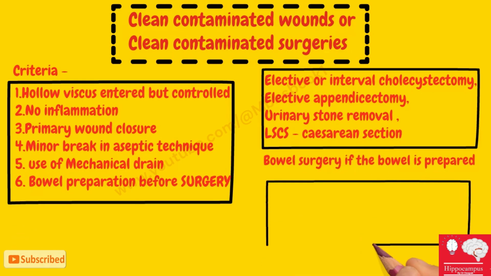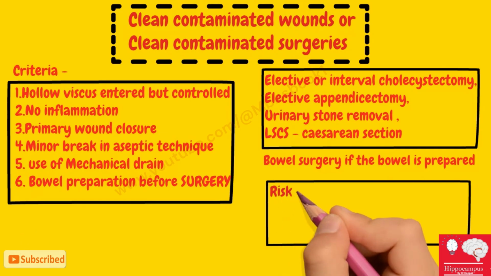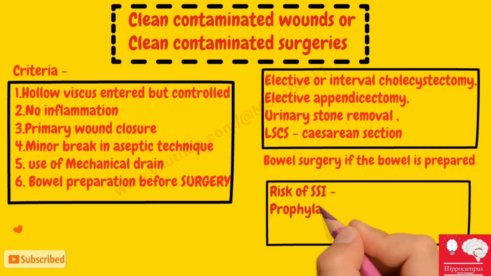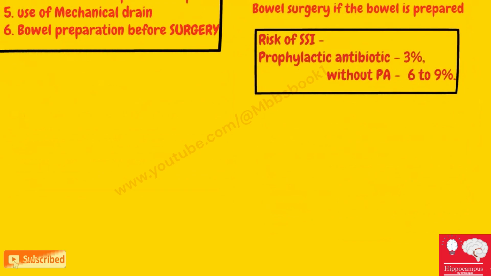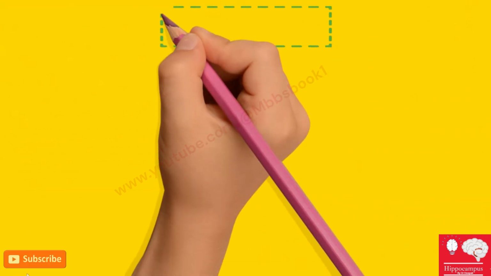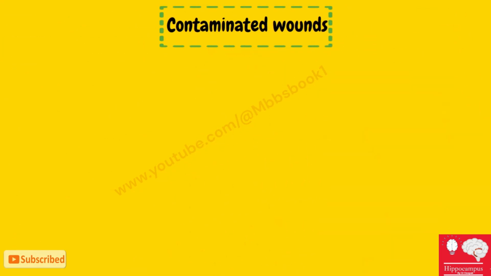In clean contaminated surgeries, the risk of wound infection with the prophylactic antibiotic is just 3%, whereas without antibiotic it is 6 to 9%. So there is a definitive role of using prophylactic antibiotic in clean contaminated wounds or clean contaminated surgeries. The next type of wound is contaminated wounds.